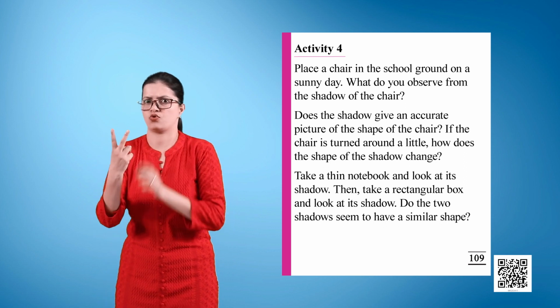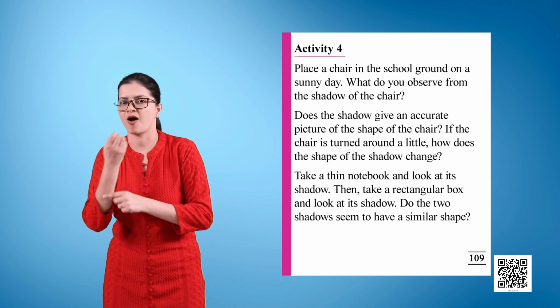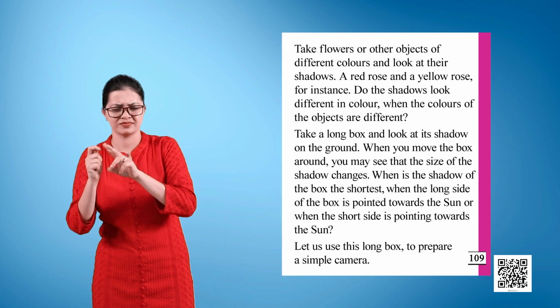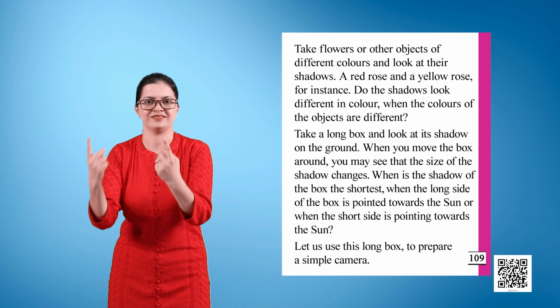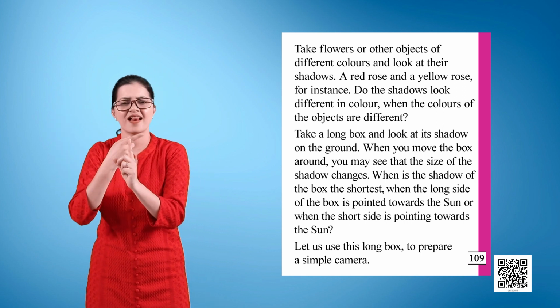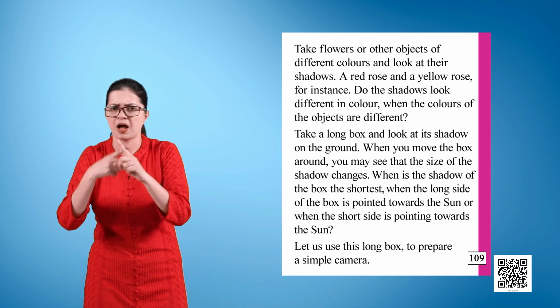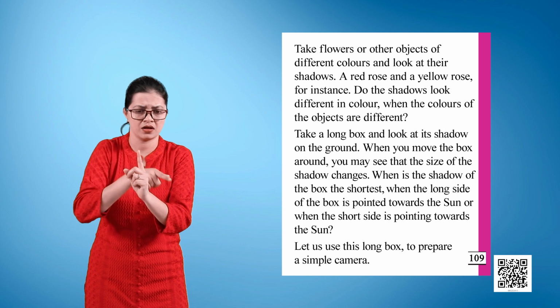Do the two shadows seem to have a similar shape? Take flowers or other objects of different colors and look at their shadows. A red rose and a yellow rose, for instance. Do the shadows look different in color when the colors of the objects are different?